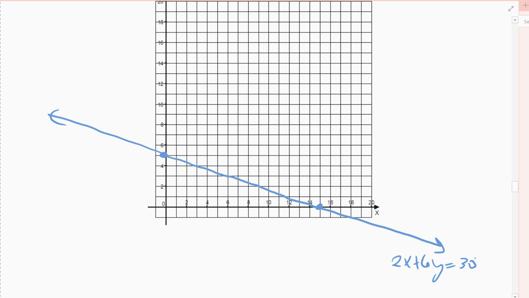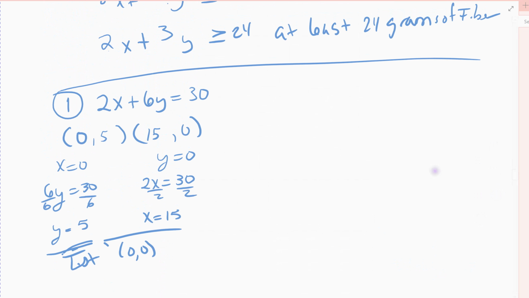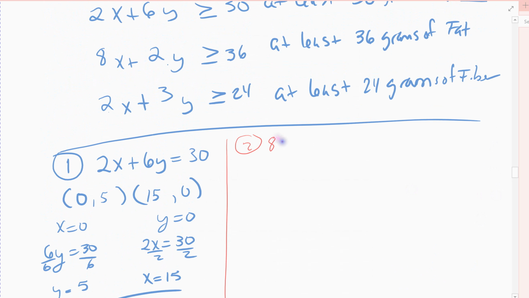Now I'm going to pick a different color to draw my next line. So I'm going to pick my second line. I'm going to draw it in red. So line 2, which would be 8x plus 2y equals 36. Same song and dance. Find my intercepts. So x equals 0. I get 2y equals 36, so y is 18.